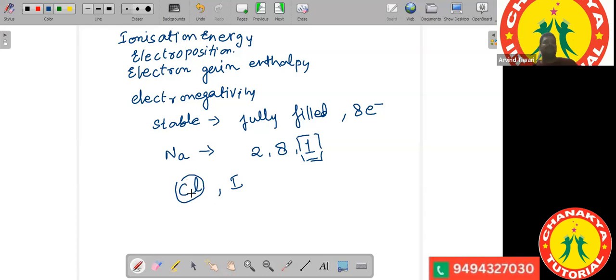Chlorine can easily attract the shared pair of electron towards itself, whereas iodine is not able to do that to the extent that chlorine is able to. And what defines this is the electron gain enthalpy. Enthalpy means energy. So everything that leads to this definition is the energy.